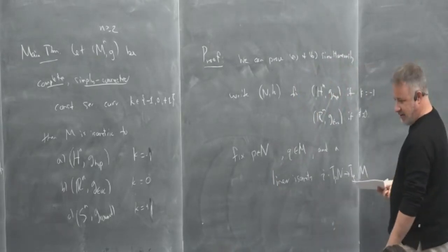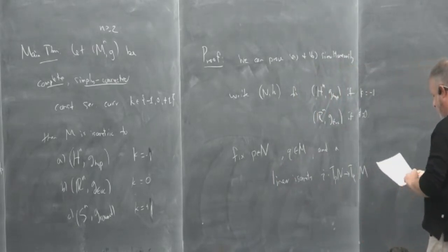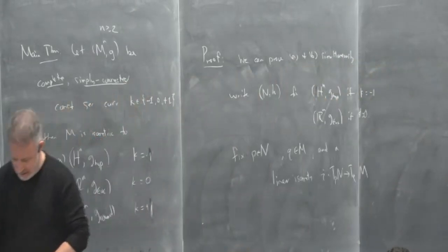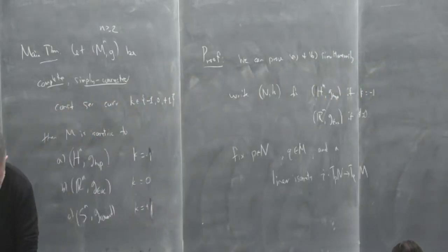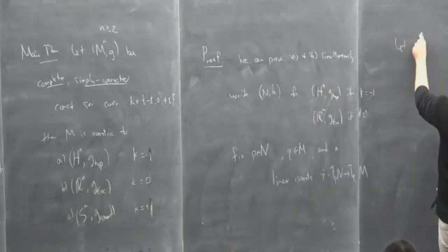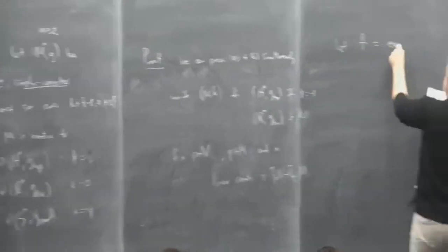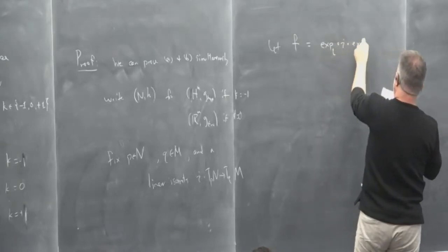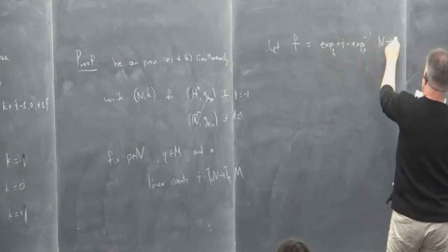That means that these tangent spaces are just positive definite inner product spaces of the same dimension, so they're isometric. There exists an isometry between them. Let's let F be X_q composed with I composed with X_p inverse, and this goes from N to M.